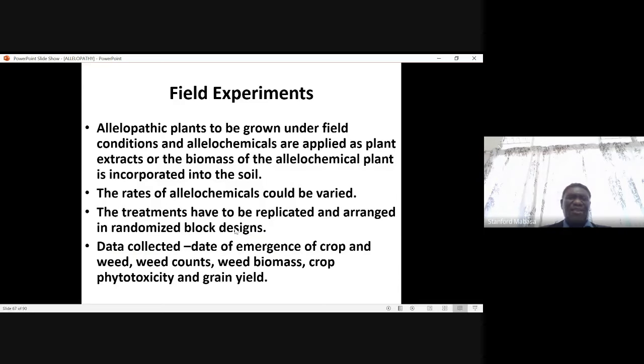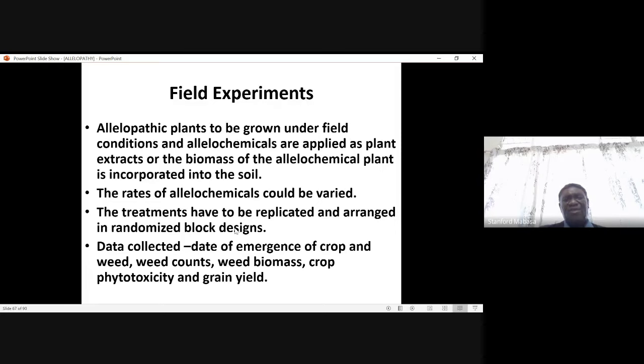There are 2 ways in which you can do this. You can either incorporate the biomass in the fields, or you can spray the allelochemicals. You need to have some rates of allelochemicals to be tested.